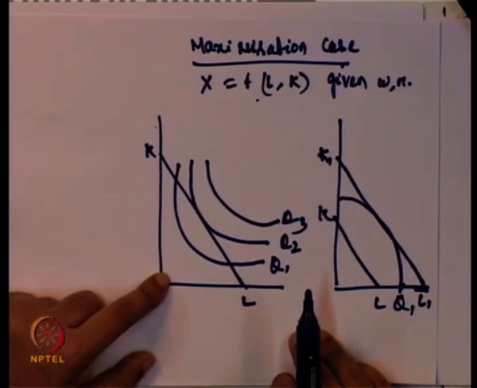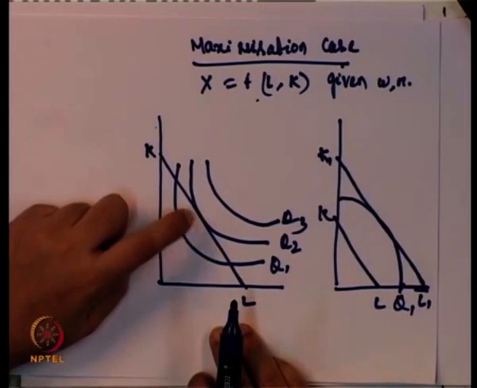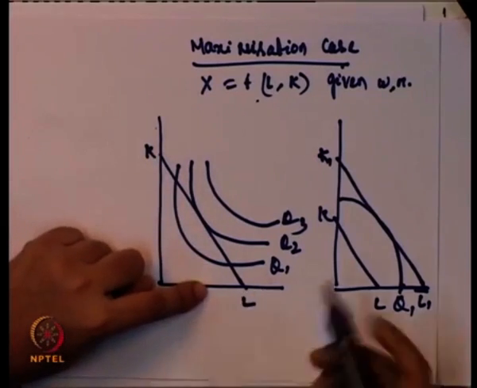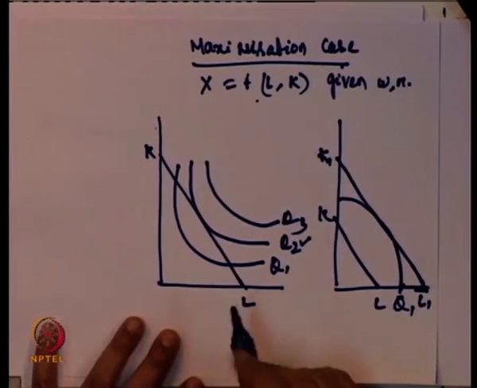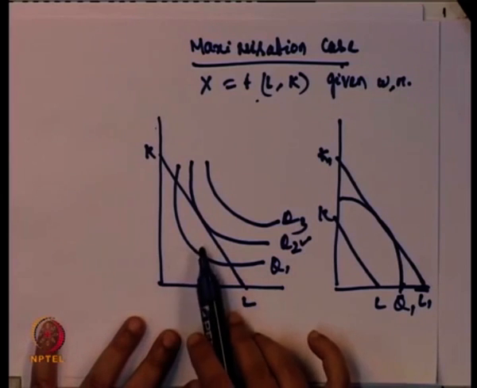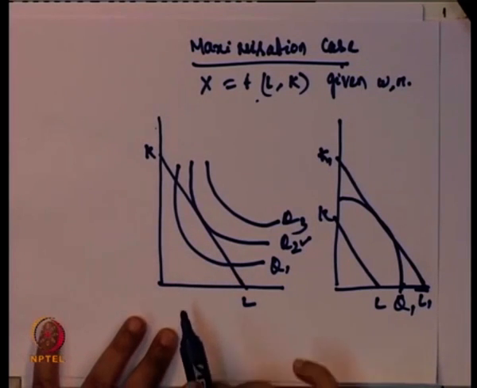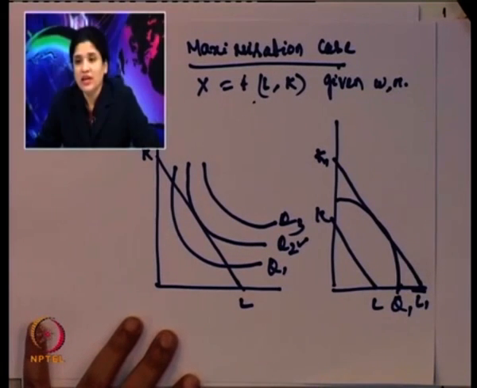In the maximization case, the isocost is given, and with this isocost the challenge of the producer is to get the maximum level of output, and looking at this the producer will always pick a combination at the Q2 level of output, because the Q2 level of output can be achieved with the isocost K and L which is given. But in the second case, the isoquant takes a concave shape, which is not possible, because concave is not following the basic rule of production analysis.